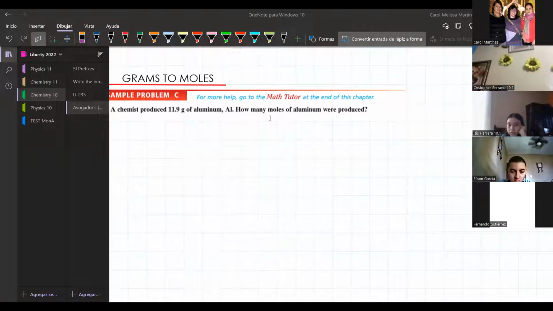How many moles is going to be my unknown? And what the problem is giving me is the information about my grams of aluminum, okay? So this is going to be given.